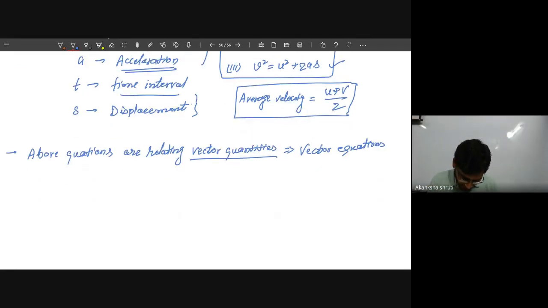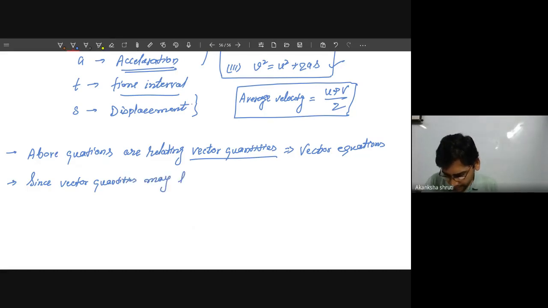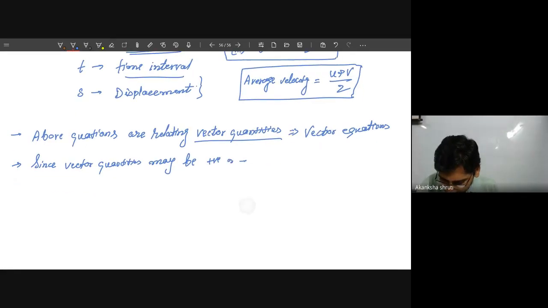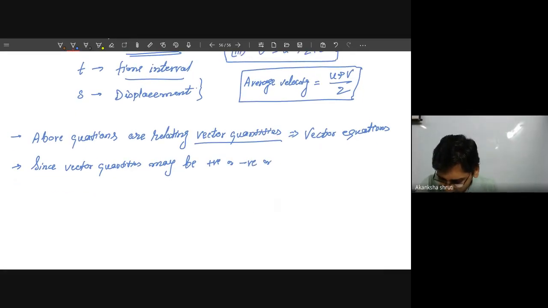And a vector quantity may be positive or negative or zero, so the values have to be put with proper sign.